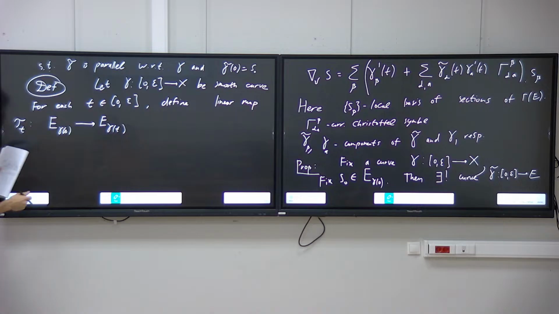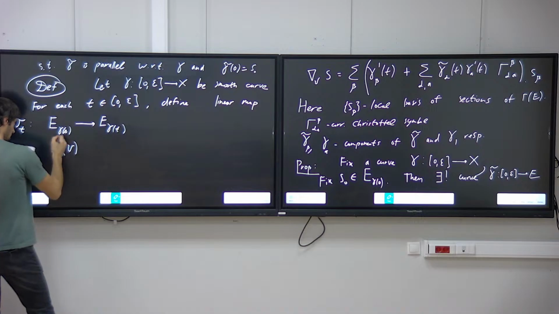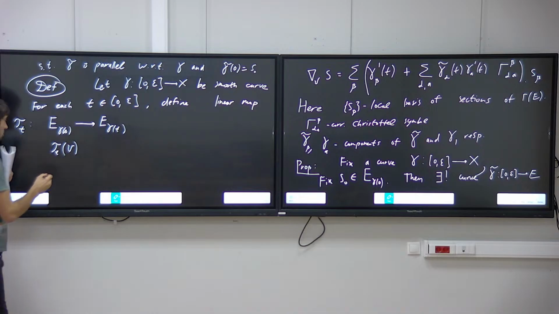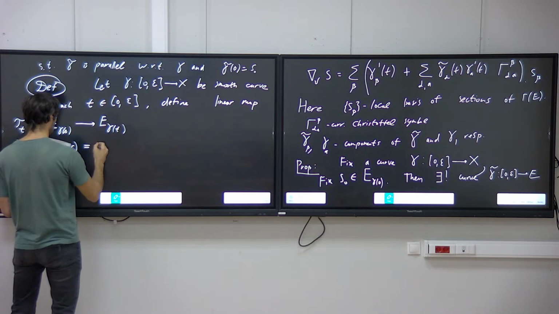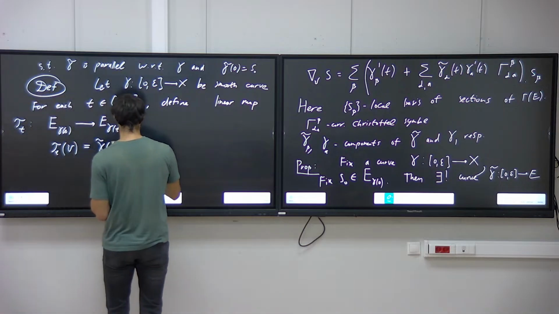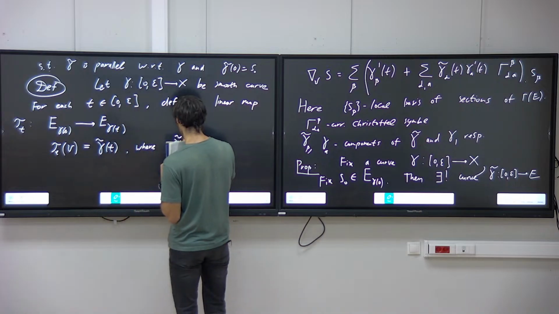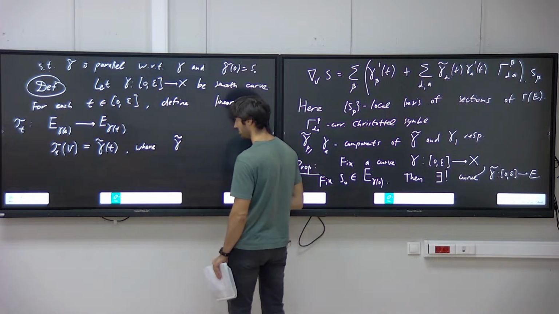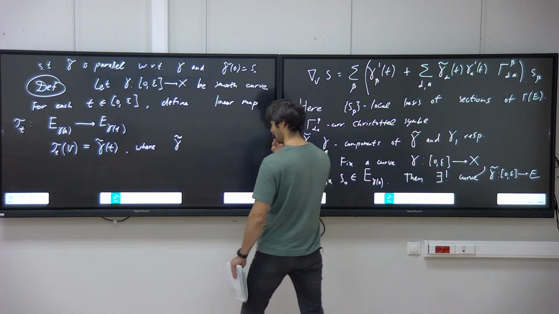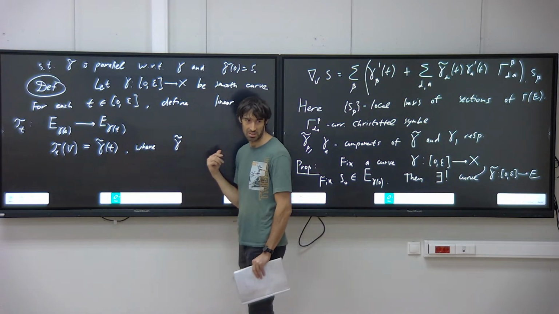So I define it as follows. Tau t acting on a vector v is actually the value of gamma tilde at t, where gamma tilde is from the previous proposition with v0 equal to v, right?